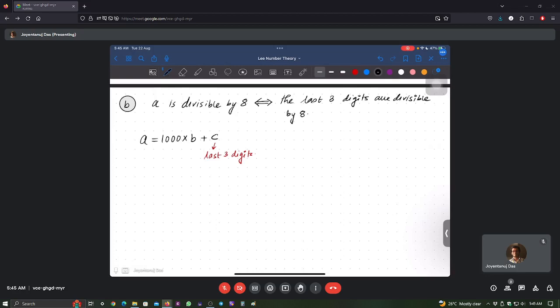And then you can apply mod 8 to that. First suppose we are doing this direction, where 8 divides A. So this we are assuming.